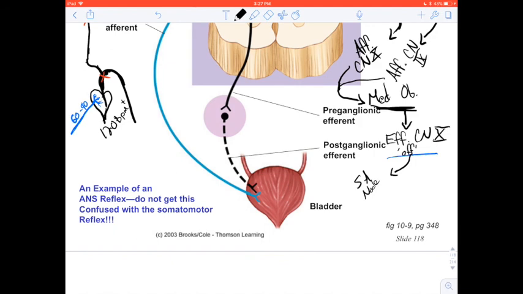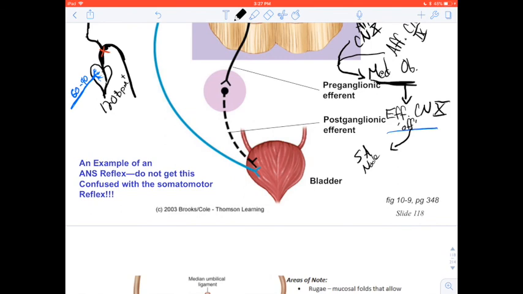It goes to the SA node of the heart. And that's going to tell that heart rate to increase by default. So we're increasing heart rate, right? Because that's just what it does. And so we're going to write in by default.